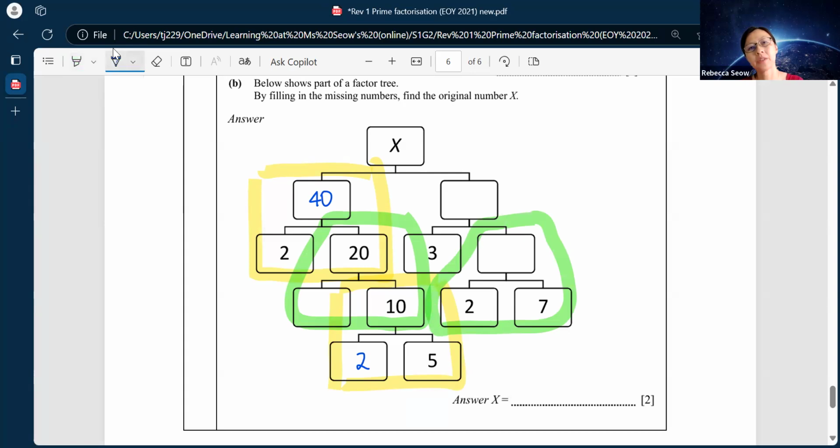Okay. So 2 is split into a certain number multiplied by 10, and that's 2. Something is equals to 2 times 7, which is 14. So 3 times 14 will give us 42. And finally, these two numbers, 40 and 42, multiply to give the value of x. So the value of x is 1,680.